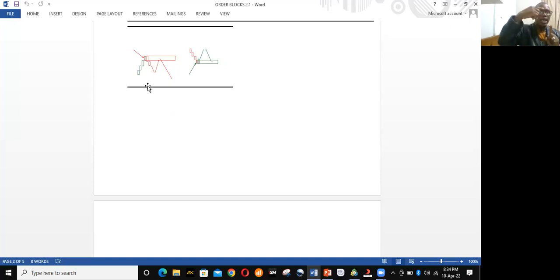When you see the engulfing candlestick, you draw that area. Sometimes you will find that it is a demand or supply zone. Sometimes you will find that it's not a demand or supply zone, but it will be an order block area where you will be entering or exiting the market.